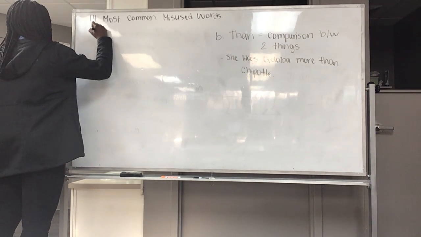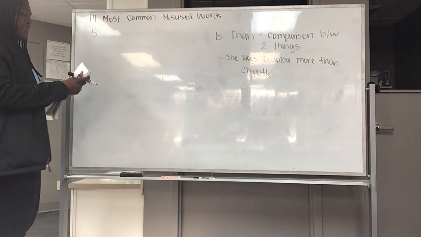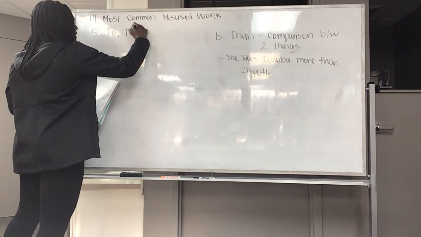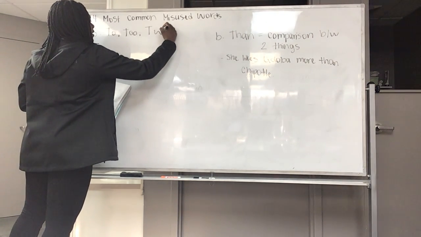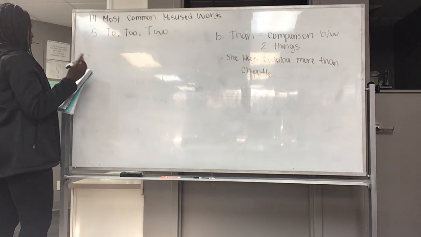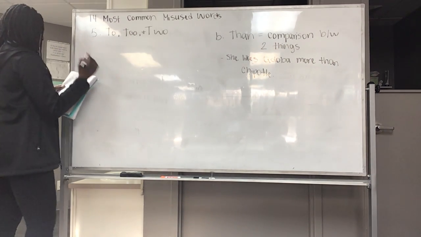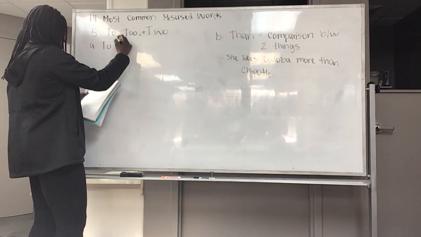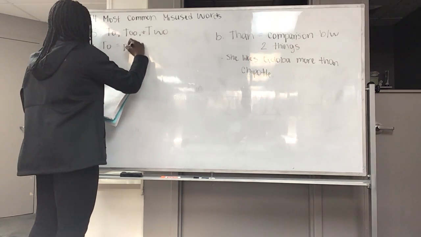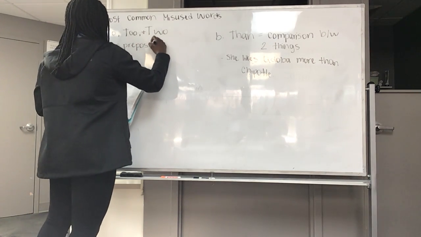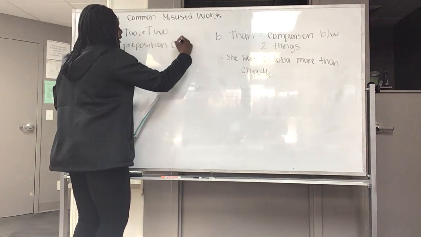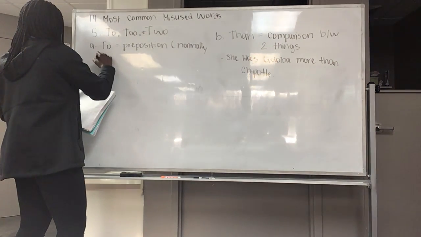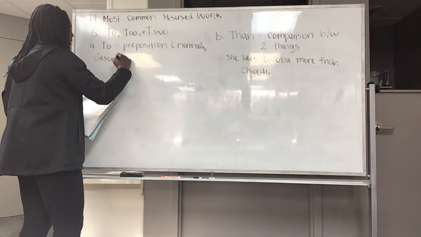So number 5 is actually a set of words, and we're going to talk about the 3 types of to: T-O, T-O-O, and T-W-O. The first one, T-O, is a preposition. A lot of times it describes where.